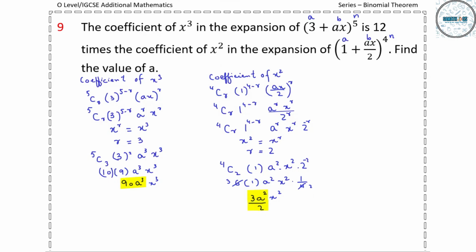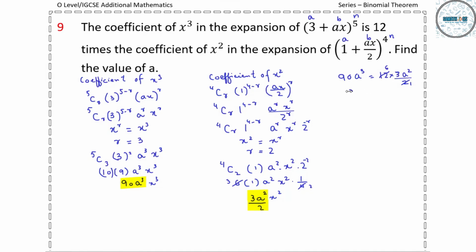In the question, it says the coefficient of x cube, which is 90a³, is 12 times the coefficient of x squared. So 12 multiplied by 3a² divided by 2. We can cancel it out: 2 ones are 2, 2 sixes are 12.